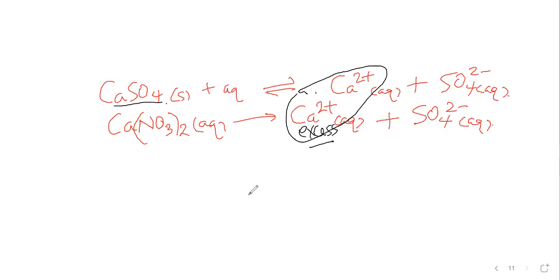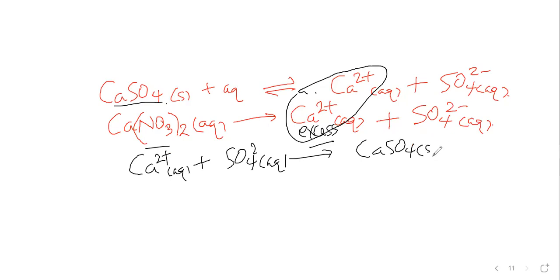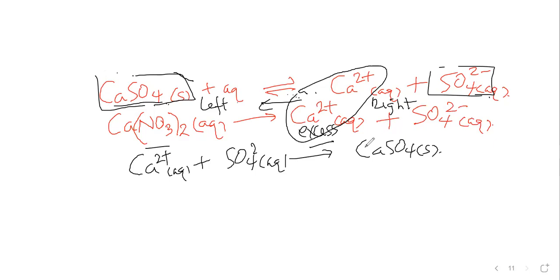The excess calcium ions added will react with the sulfate ions to precipitate the sparingly soluble calcium sulfate, shifting this equilibrium from right to left, reducing the concentration of sulfate ions in solution, but increasing the amount of the sparingly soluble calcium sulfate.